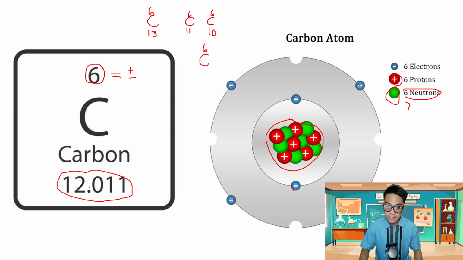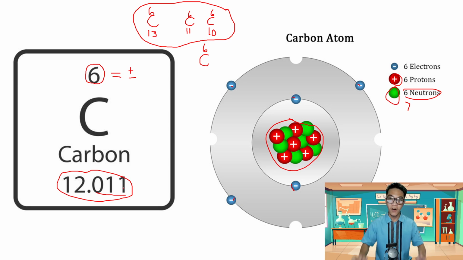So in order to get this number that is shown in our periodic table, basically how IUPAC does it is that they get the average of all these isotopes. That's why we have a decimal representation of the average of all the isotopes that could more likely represent that carbon as it is.